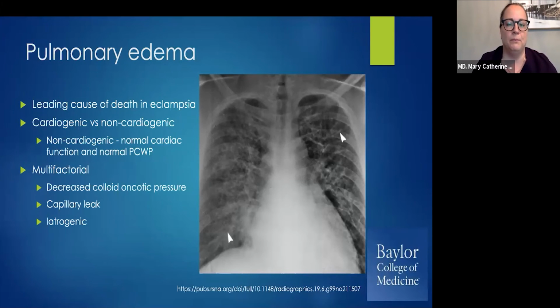Oftentimes pulmonary edema can be categorized as iatrogenic, meaning that we gave the patient excess fluid that they weren't able to handle, perhaps because of some kidney dysfunction, which leads to pulmonary edema.